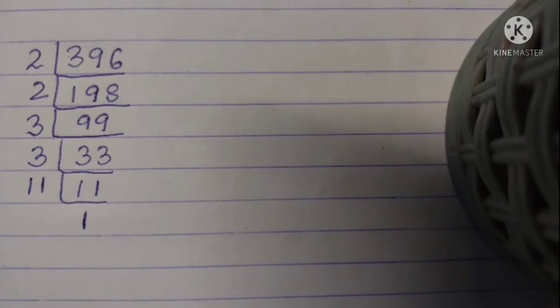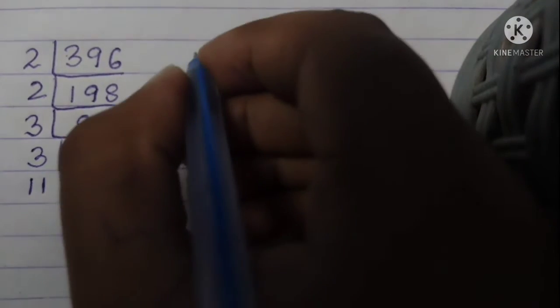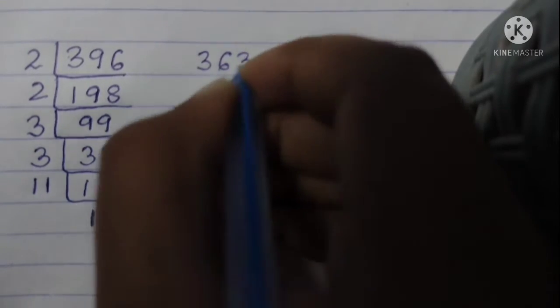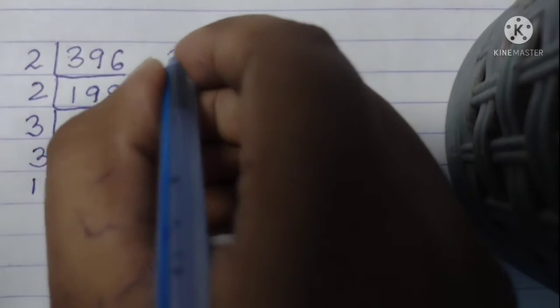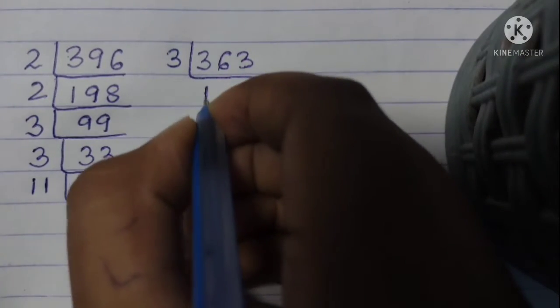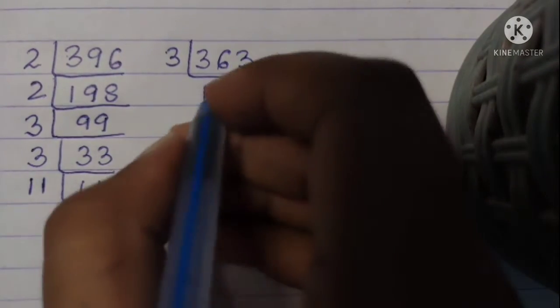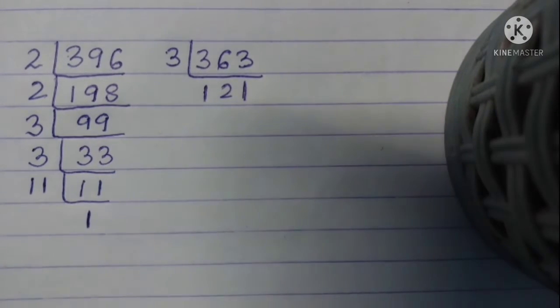Now let's see the factors of 363. It is not divisible by 2 but by 3. So what is the quotient? 121.